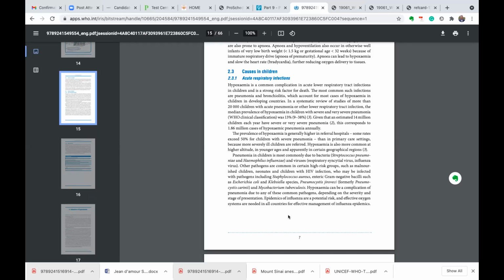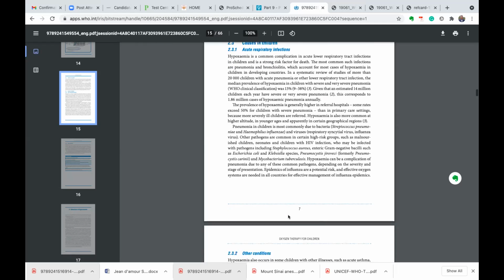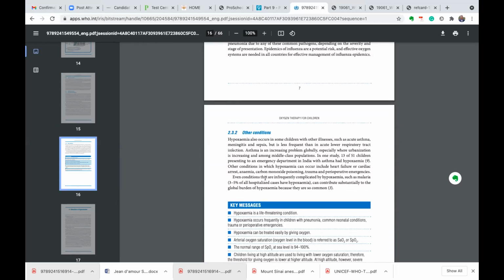Very good. So let's see other causes as well. Okay, you can have superinfection in a patient with asthma, meningitis, sepsis, but that is less common in comparison to pneumonia. But keep in mind that an asthma patient may develop superinfection.